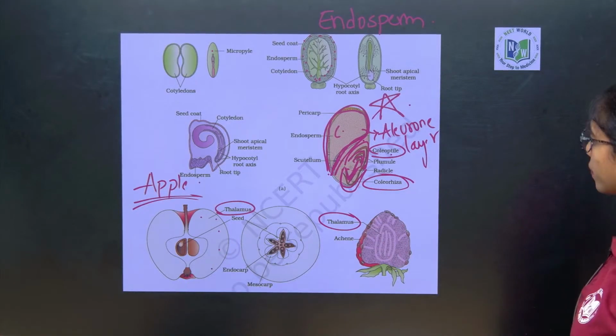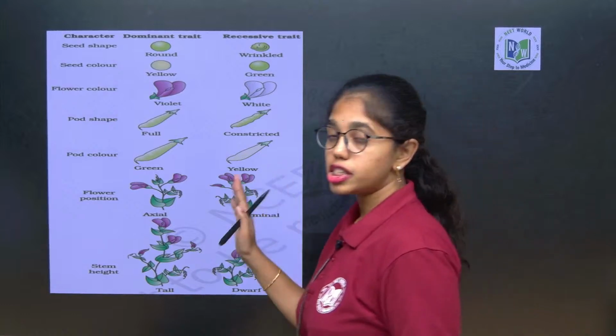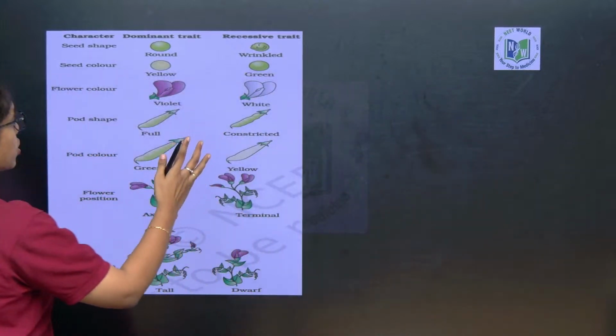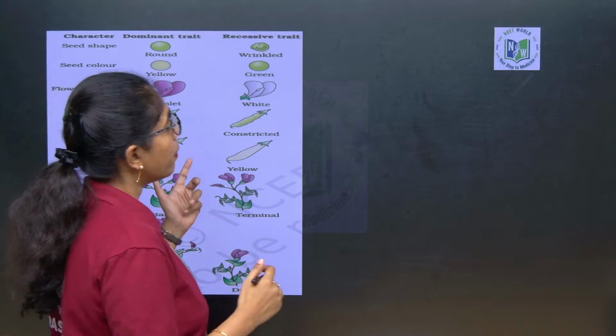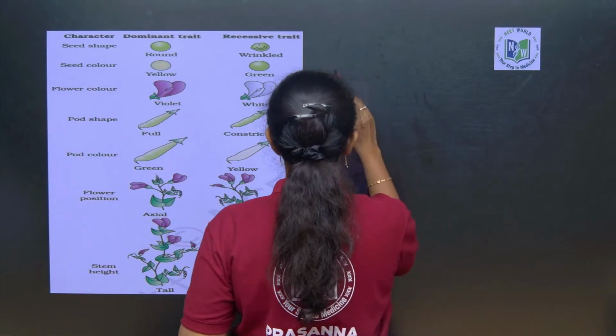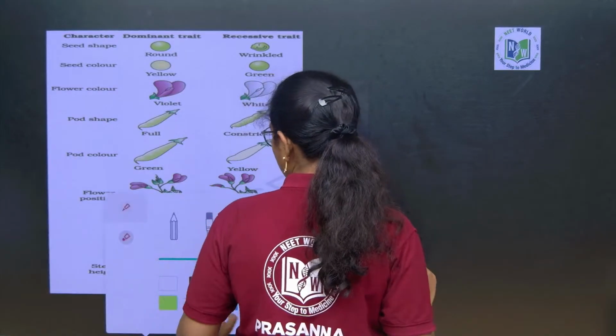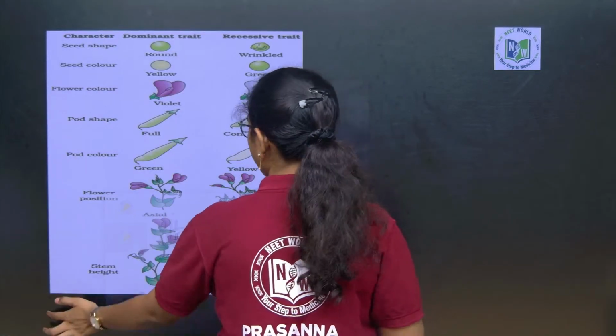Okay. Now if you see principles of inheritance, show extra attention over here. This is Mendel's traits. Mendel has taken 7 traits or characters. How many traits? 7 traits or characters.